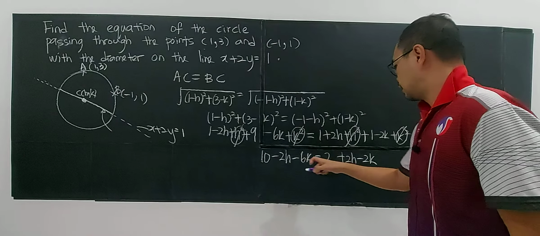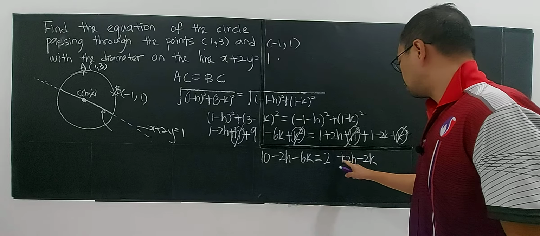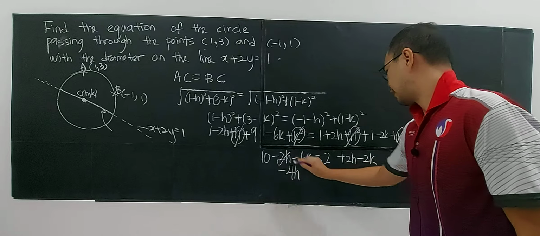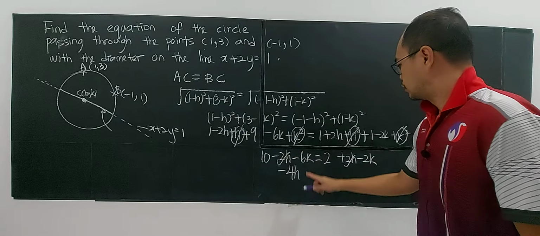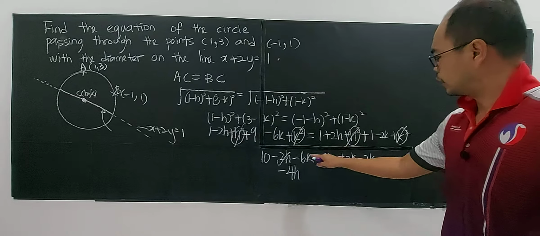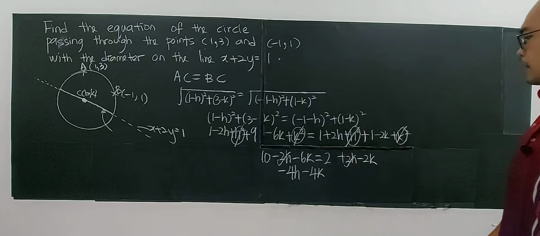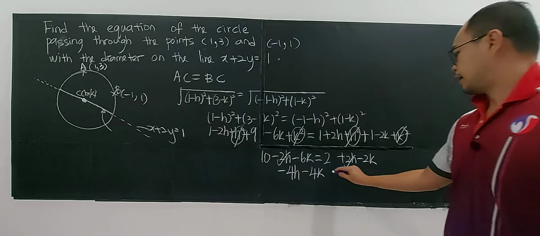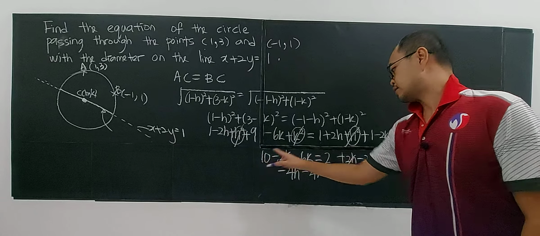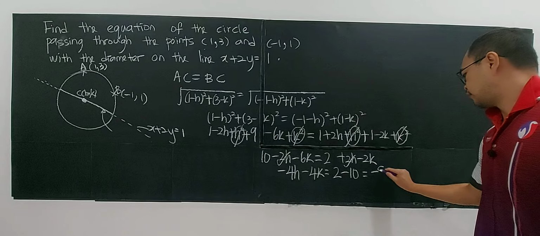Negative 2h minus 2h on both sides gives negative 4h. Negative 6k plus 2k on both sides gives negative 4k. And 2 minus 10 on both sides gives negative 8.